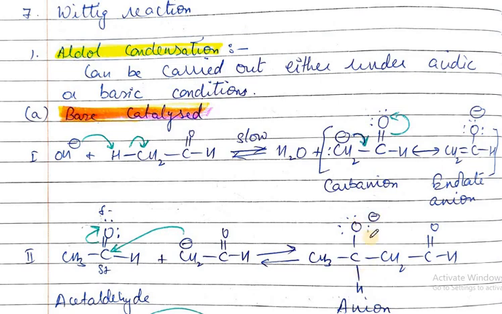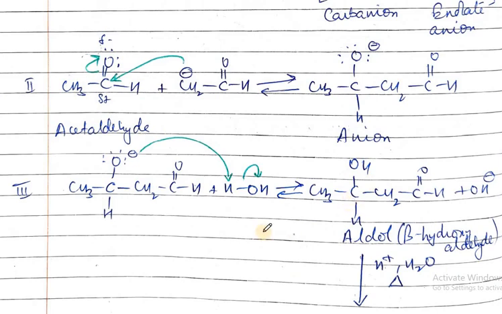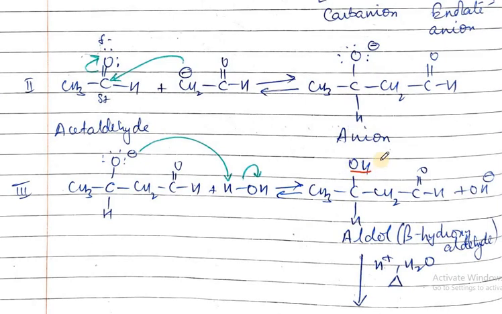So this anion is formed, and this anion then takes up hydrogen from the water and gives an OH group. This hydroxyl group is present at the beta position, that is, this carbon is the alpha carbon and this carbon is the beta carbon. So the beta carbon has the OH group.